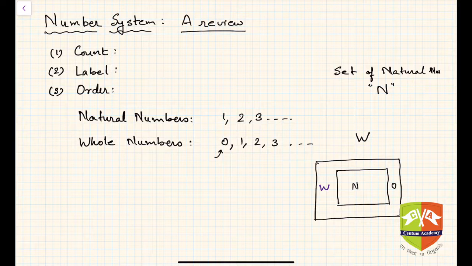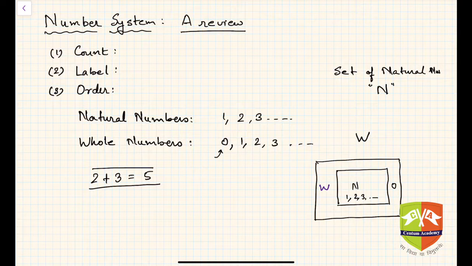Now the natural number set has numbers like 1, 2, 3, and so on and so forth, right? Now, why did we require whole numbers in the first place? Why was 0 needed? In natural numbers, if you add 2 apples with 3 apples, you'll get 5 apples, right? So 2 plus 3 was 5, right? This was very much easy.